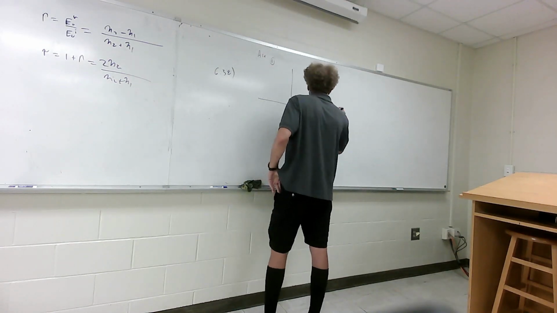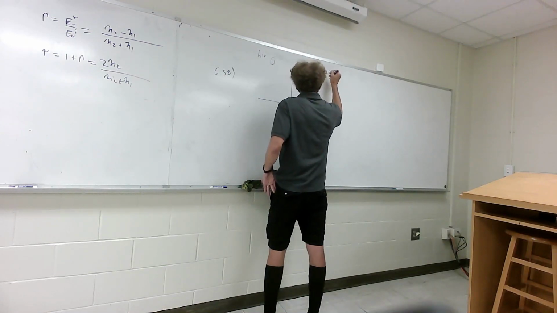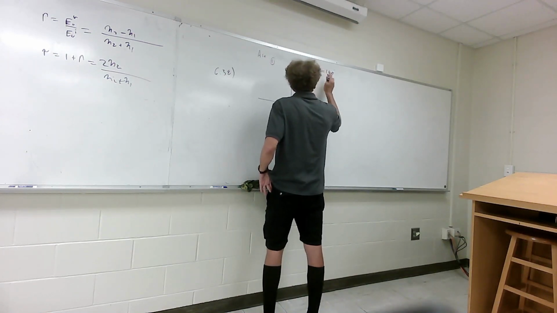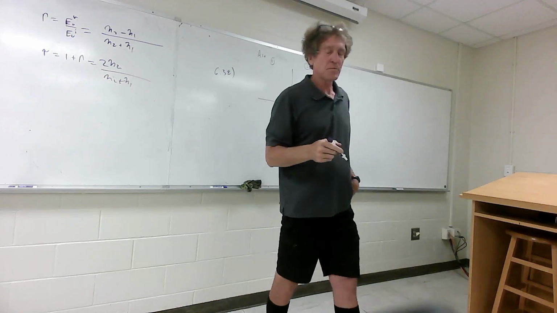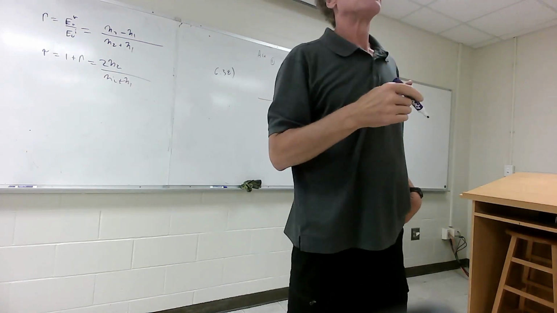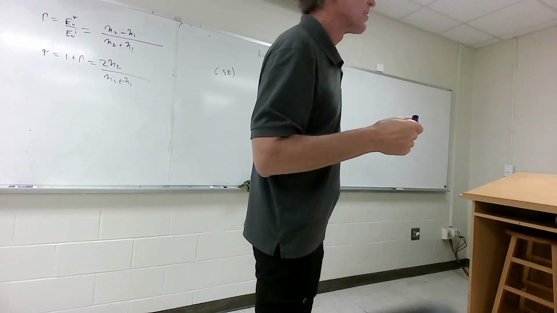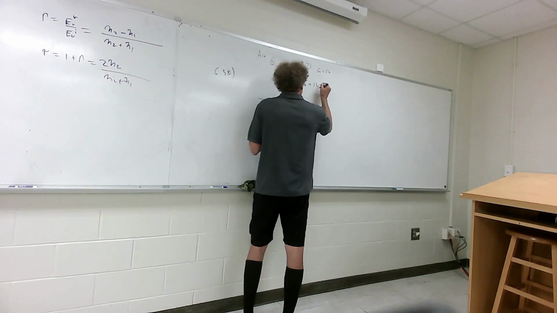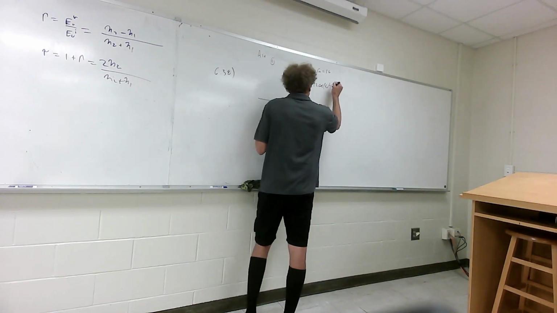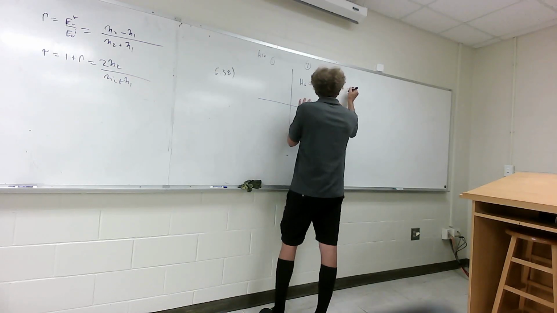and medium two is z greater than 0 with epsilon r equals 16. What's mu r? Non-magnetic? Yeah, it appears to be. Does he say it? There's no mu r. The transmitted magnetic field intensity is known to be H transmit equals 12 cosine of omega t minus beta 2 z in the AY direction.